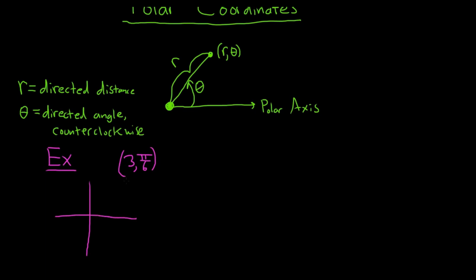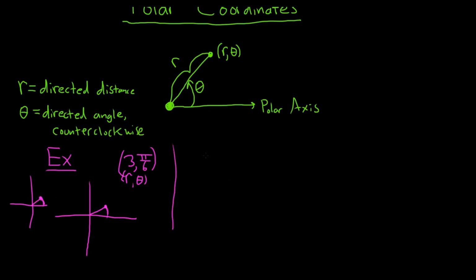The way I do it, and there are different ways to do it, is I always travel theta first. So I travel pi over 6, so maybe I'm here, this is pi over 6, and then r is 3. That's all you do. You travel theta, a rough estimate of where pi over 6 is, and then r is 3, and it's positive, so you go out to that point.